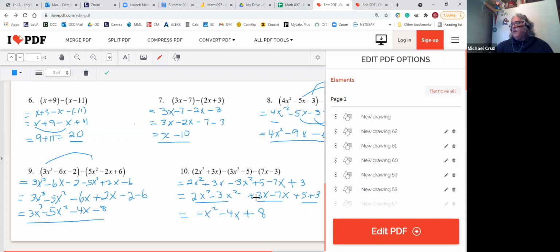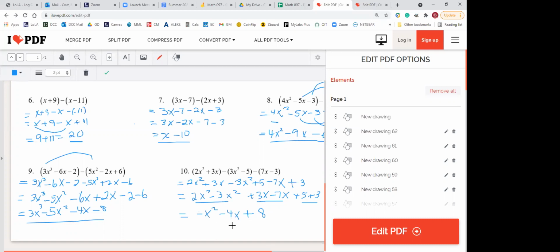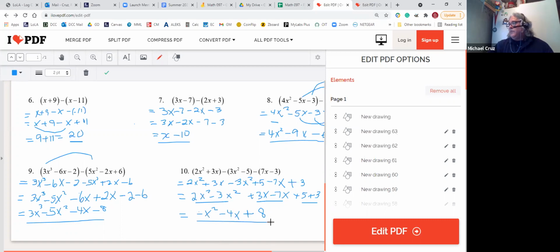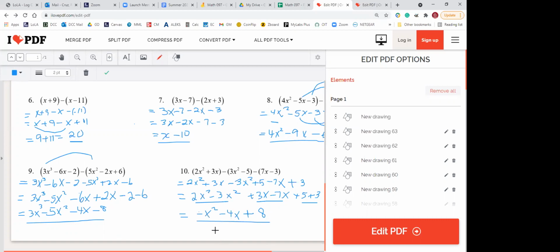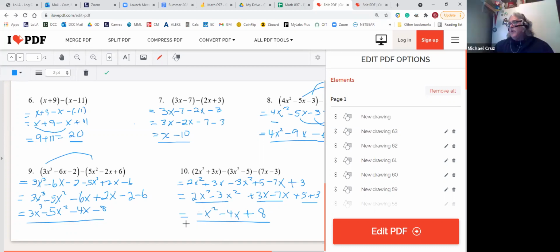Negative x, that's negative 1. 3x, negative 7x, and then 5 plus 3 is 8. So which one were you talking about? No, I just missed the step. Oh, okay. I missed the big negative x squared. I missed the step. Okay.